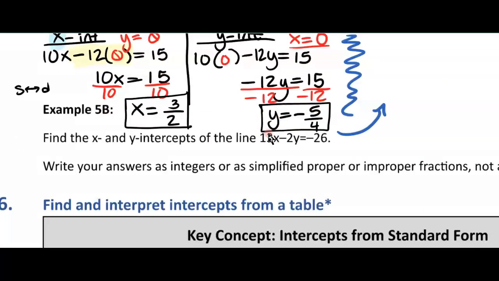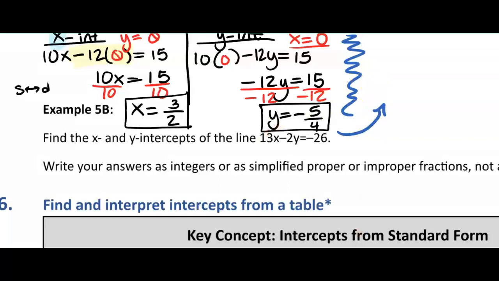The first, because x always goes in the first part, comma, 0. If I wanted to do this one as an ordered point, would it go in the first part or the second part? Second. What would go in the first part? 0. So we always pair an intercept with a 0.